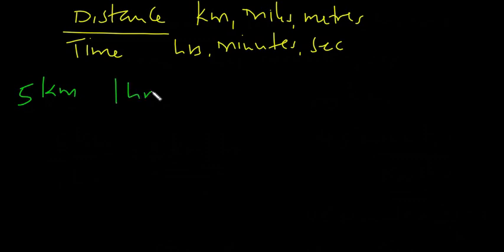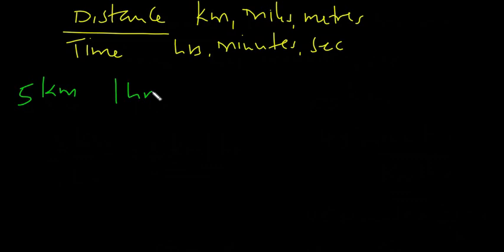Probably it was very slow, because you can even walk 5 kilometers in less than an hour, but let's assume he covered it in 1 hour. So what will be his speed in kilometers per hour? Or simply, what distance does he cover in 1 hour?